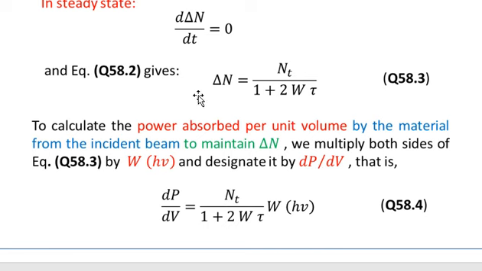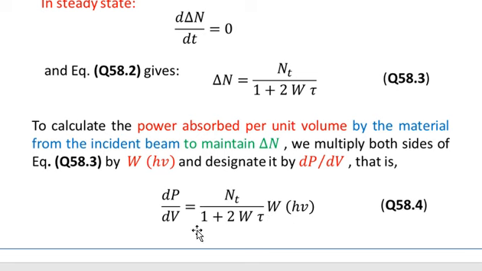We multiply so that we can get the dimensions of power absorbed per unit volume. On the left hand side we have delta N multiplied by W multiplied by h nu, which is designated as dP over dV. On the right hand side, we have Nt over 1 plus 2W tau, multiplied in the numerator by W into h nu.